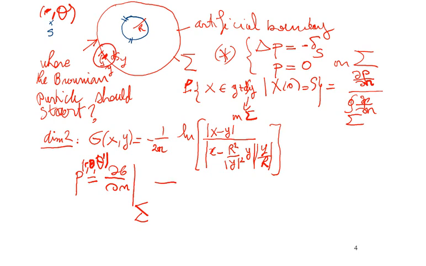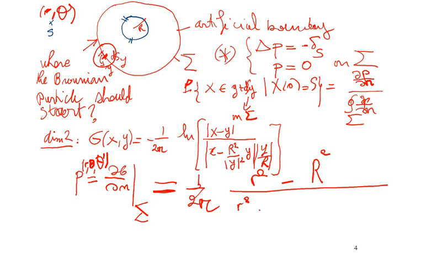Then the derivative is going to be equal to 1 over 2 pi, times r squared minus capital R squared, divided by r squared minus 2 r little r cosine(theta minus theta prime) plus capital R squared.